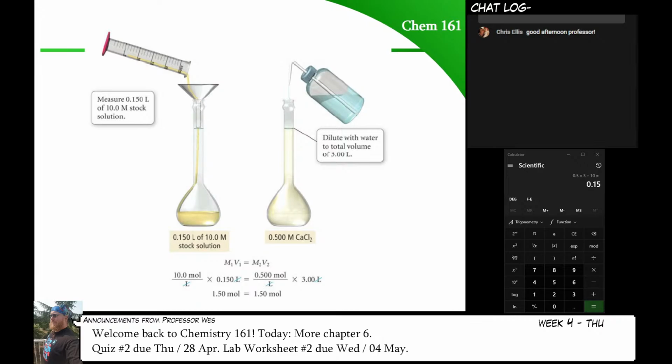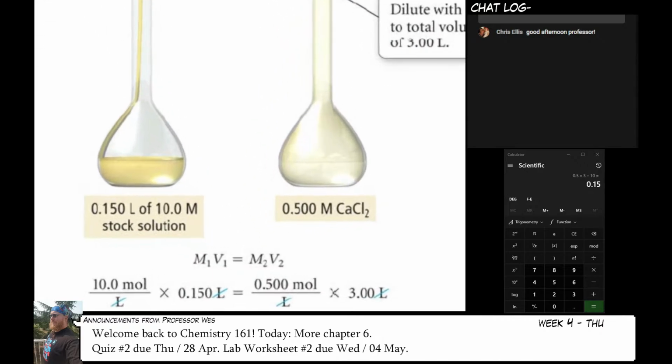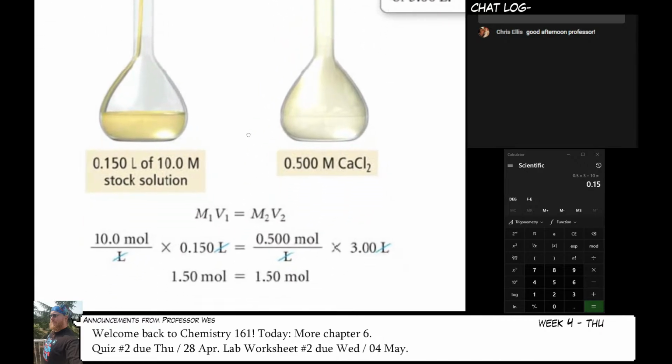Now, an interesting consequence, we'll come back to this picture in a second, is that if I plug in all the known numbers down here, remember that M times V equals moles, right? So if I multiply these together, I get the same number of moles on both sides. And that should make sense because the only difference between before and after in a dilution is just water, right?